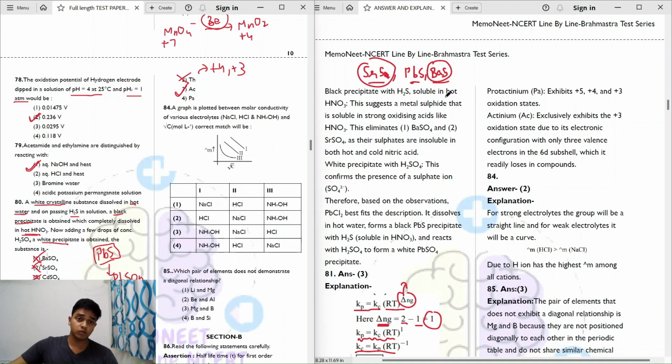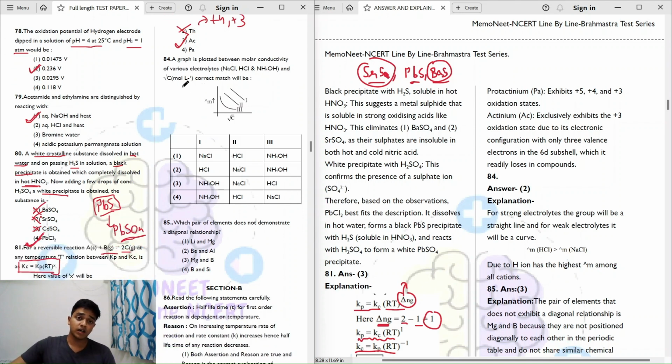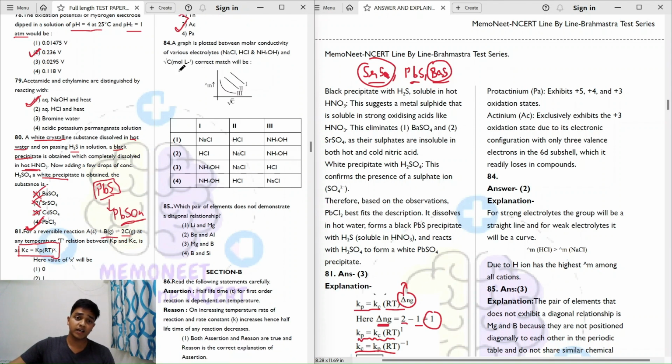Okay, so moving on to the next question, the question says a graph is plotted between molar conductivity of various electrolytes NaCl, HCl and NH4OH and root C. So the graph has been plotted between molar conductivity versus the root of concentration. We have to match which graph is of which electrolyte.